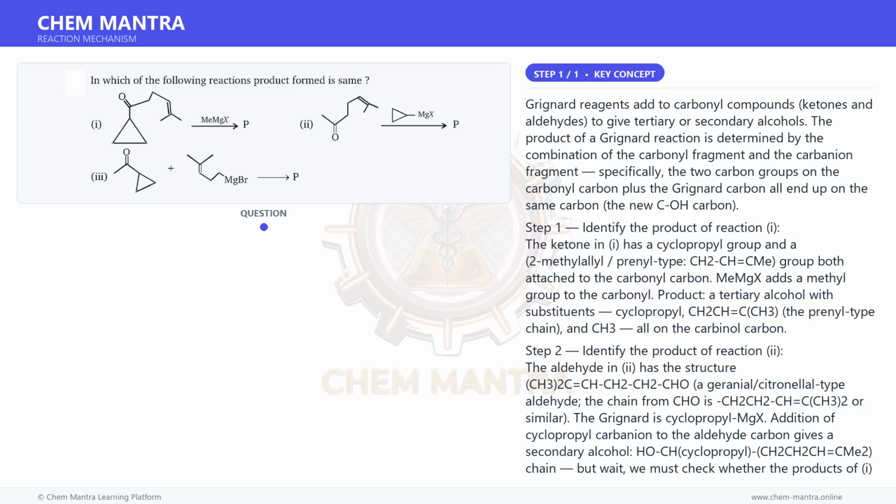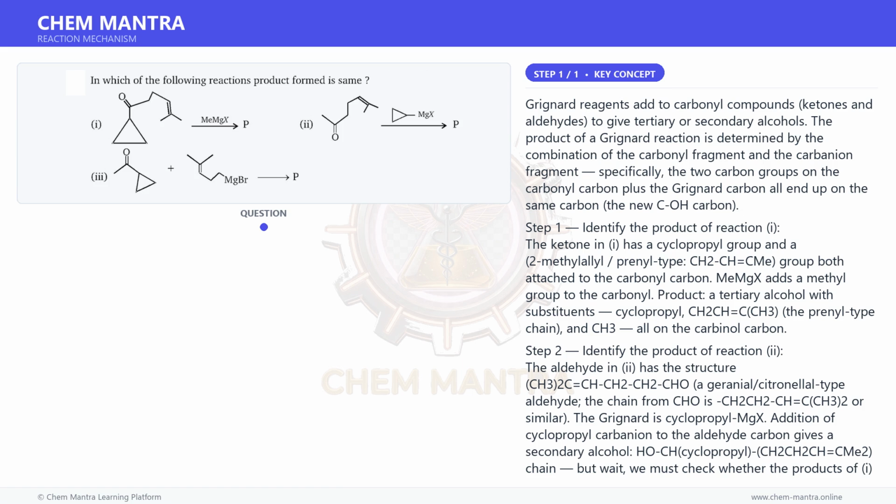Step 4. Compare products. In reaction 1, the carbonyl carbon had cyclopropyl plus a prenyl type CH2CH=CMe or CH2CH2CH=CMe2 group. MeMgX adds CH3: a tertiary alcohol with cyclopropyl, CH3, and the alkenyl chain on the carbinol carbon. In reaction 3, cyclopropyl methyl ketone has cyclopropyl plus CH3 on the carbonyl, plus the alkenyl Grignard, CH2CH2CH=CMe2: a tertiary alcohol with cyclopropyl, CH3, and the alkenyl chain on the carbinol carbon.